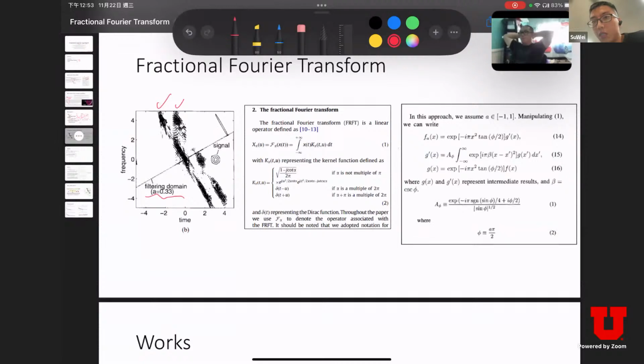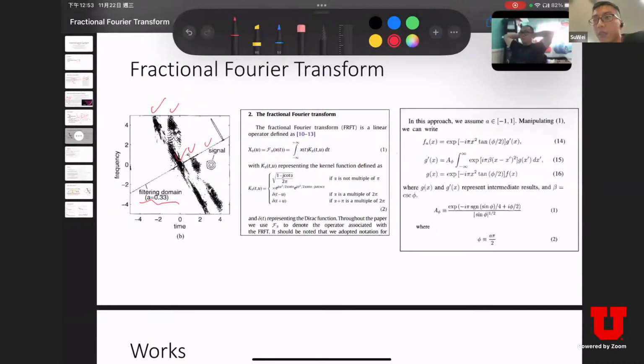They can just draw a line in this space, and we can see the signal on this line, and we can easily tell the difference from it. And here is their definition, and it's like the Fourier transform. They have the signal and a kernel function, and the kernel function is over here.